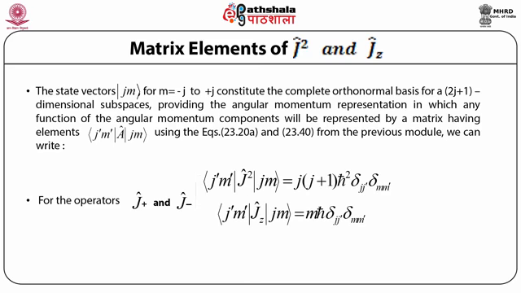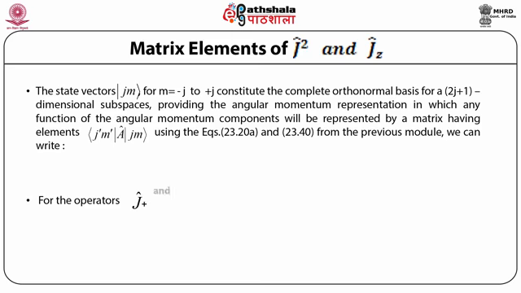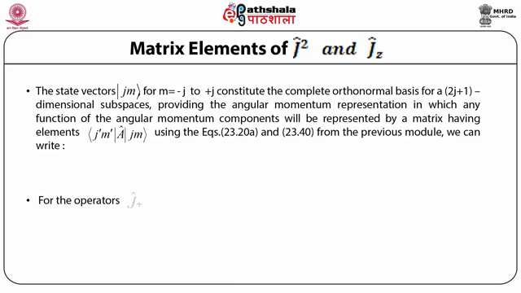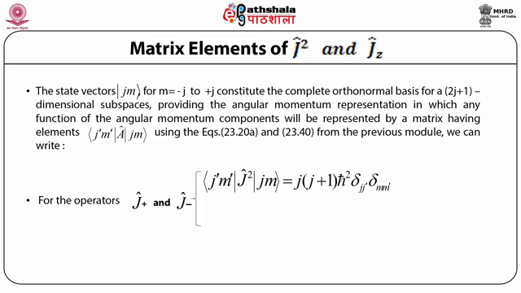Here delta J J' means that if J is not equal to J', then this delta will go to 0. Similarly, delta M M' means that if M is not equal to M', then this delta goes to 0.